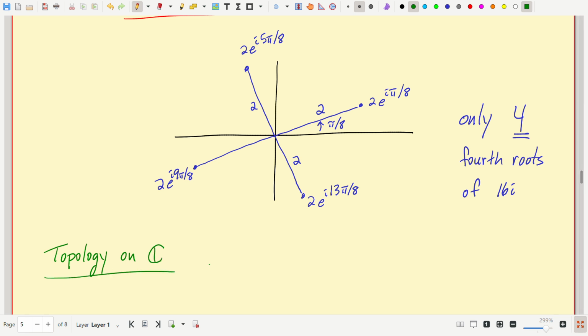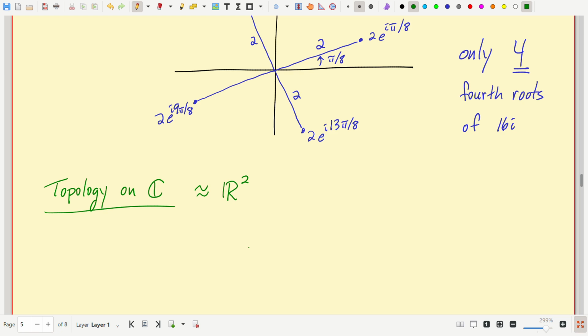The fact is, it's the same as the topology in R2. And it's a metric space topology, which is a particularly nice kind of topology. So here we are in the complex plane, which we identify with R2.